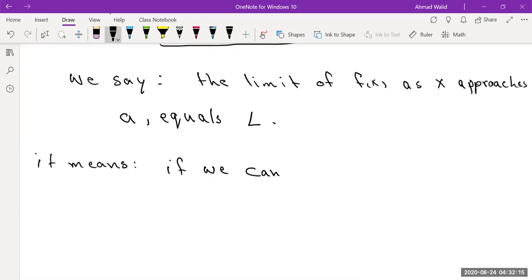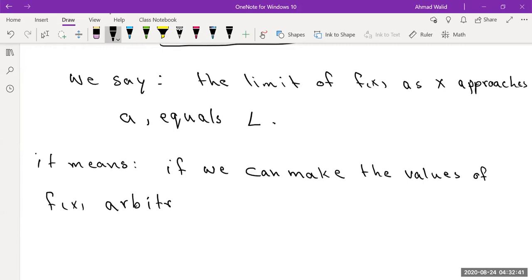If we can make the values of f of x arbitrarily close to L, what does it mean?